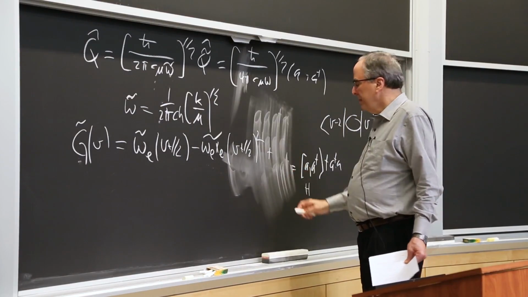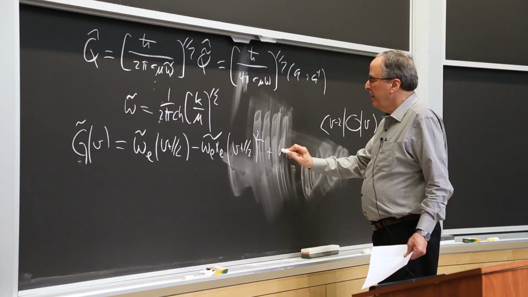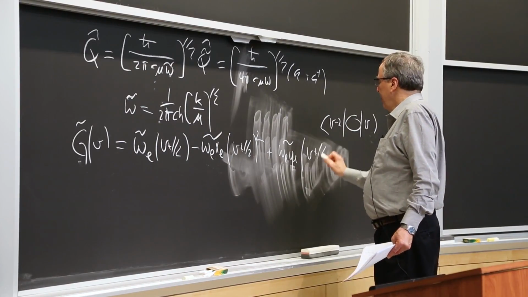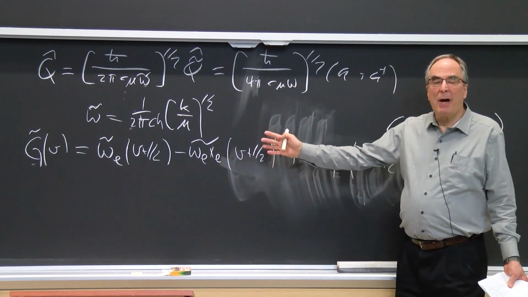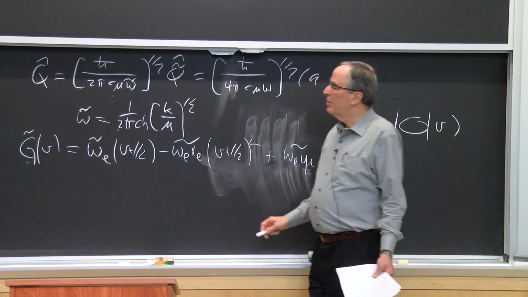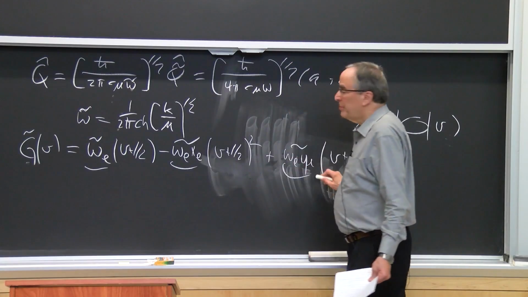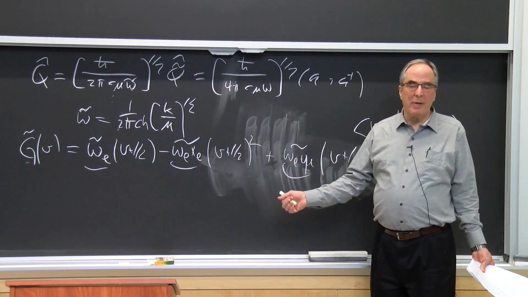And then the next term is omega e y e times v plus a half cubed. So this is a dumb power series in the vibrational quantum number. And so in the spectrum, one is able to fit the spectrum to these sorts of things. So that's what you get experimentally.